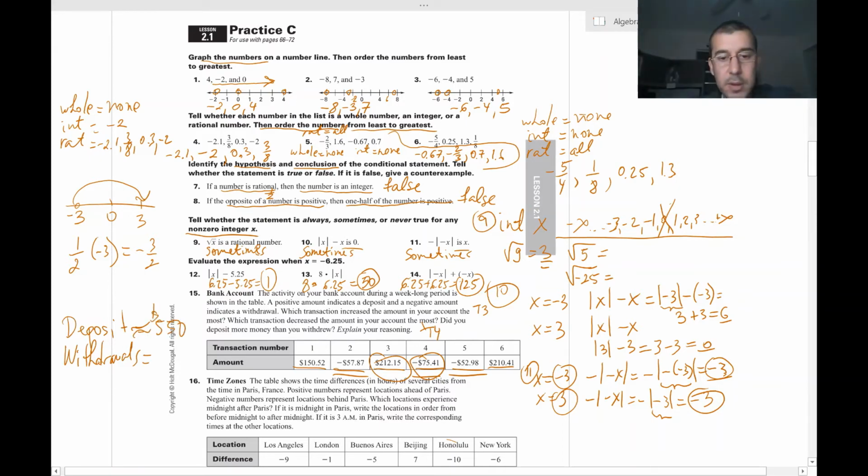We can do it in the calculator or just add up the numbers. But if it's 500 and 100, you can quickly answer this question right away, because it just says yes or no. You don't have to say by how much. So withdrawals, we have number 2, about -57, let's say 60, and then 75, that's about 130, and then 50, about 180. So the difference is huge. We know that we deposited more than we withdrew.